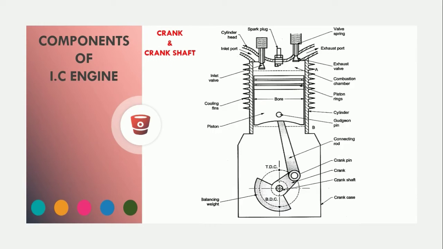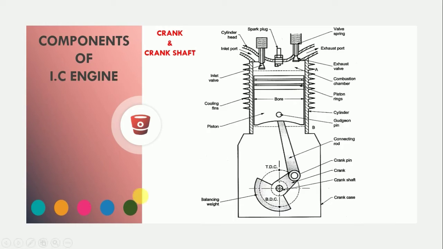Crank and crankshaft. Here you find the crank, and this is your crankshaft. The crank is an integral part of your crankshaft. The crankshaft further carries the balancing weight. Here you find that the crankshaft carries the balancing weight. It is used to have smooth functioning of the cyclic torque developed by the reciprocating engine during its cycle.